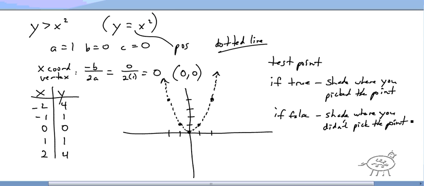Sounds a little weird, but you're testing a point. If it works there, you shade it there. If it doesn't work there, you shade it outside or inside.